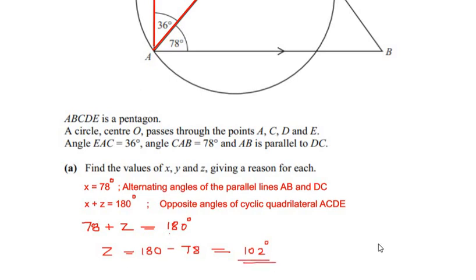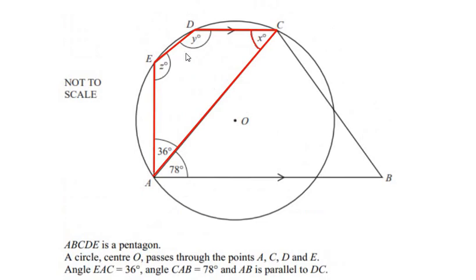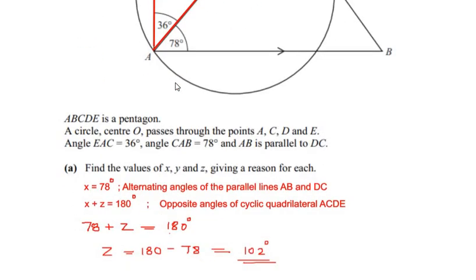Now let us try to find out the value of y by using the same theorem, that is opposite angles of a cyclic quadrilateral. And here we can see that the angle A is opposite to the angle D, which is y. So we can add these two angles of the cyclic quadrilateral and equate it equal to 180 degrees.